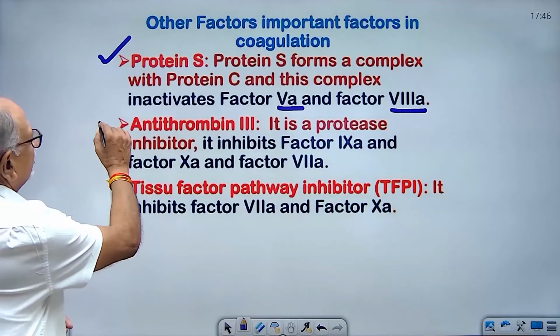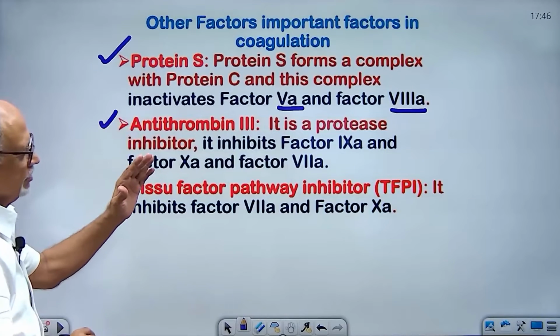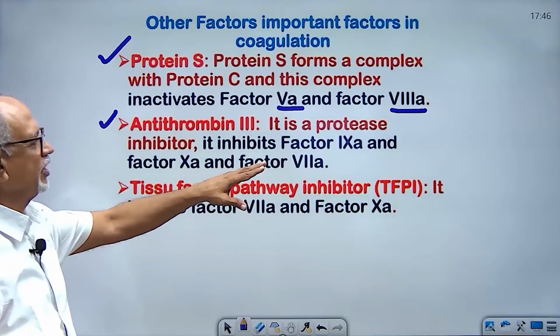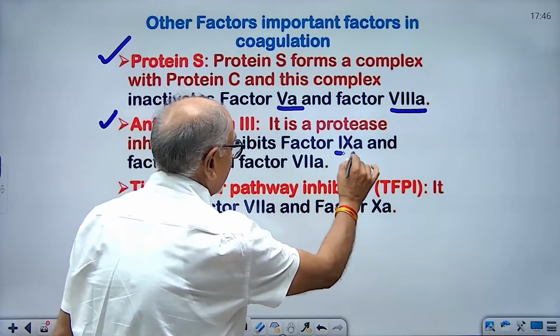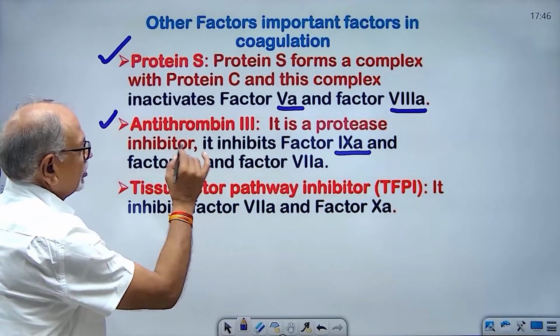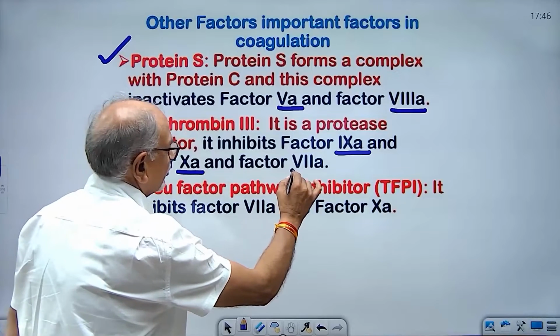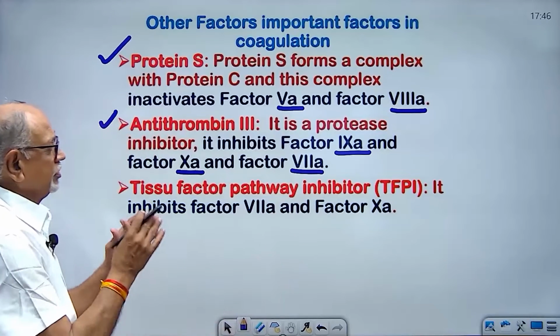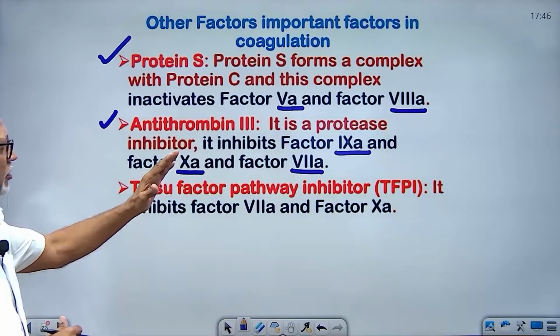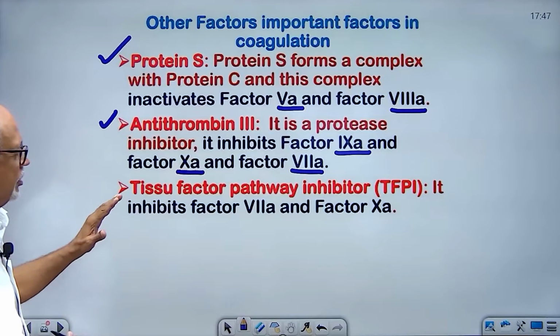Another is antithrombin 3. This is a protease inhibitor. It inhibits factor 9A and factor 10A along with factor 7A. So, this inhibits the whole process of clot formation.